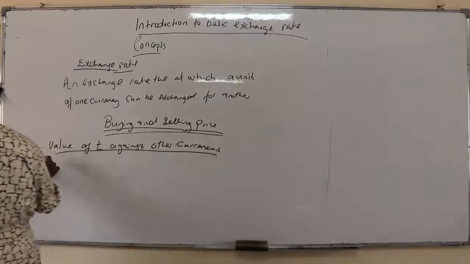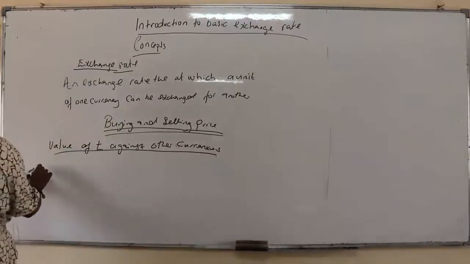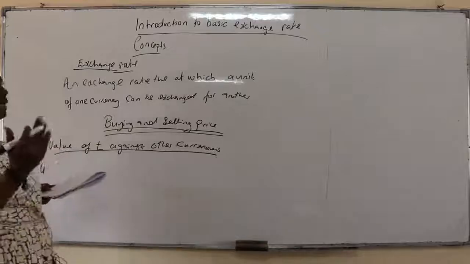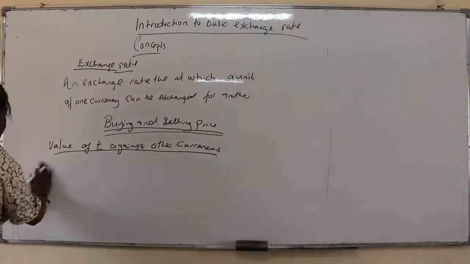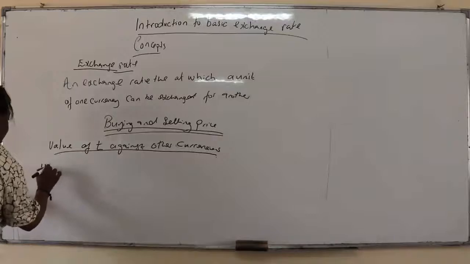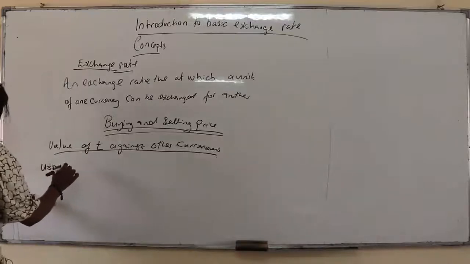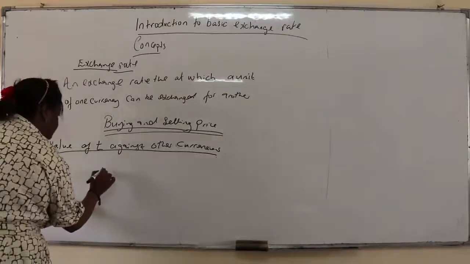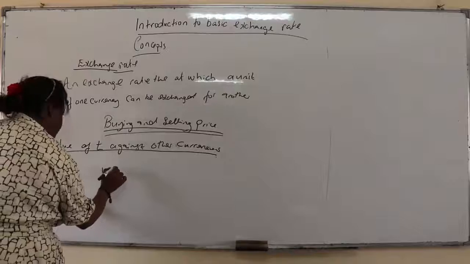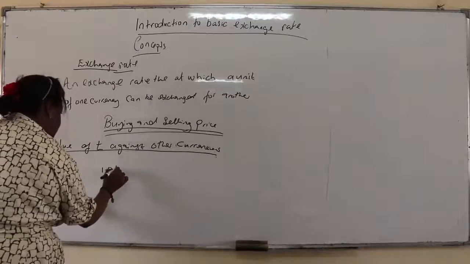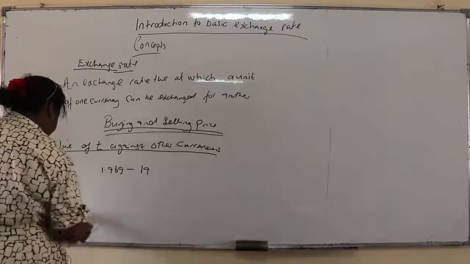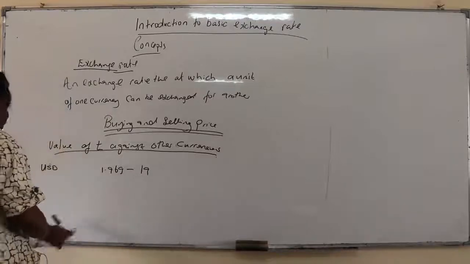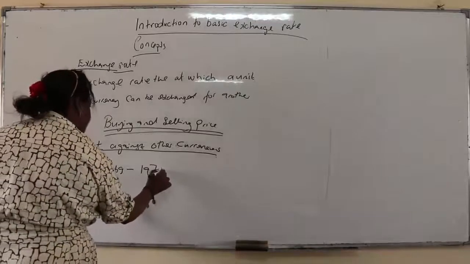We just want to see how they are actually expressed. So we have the US dollar, which is 1.9695 and 1.9718.